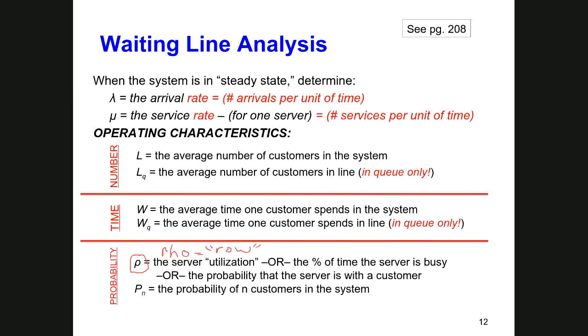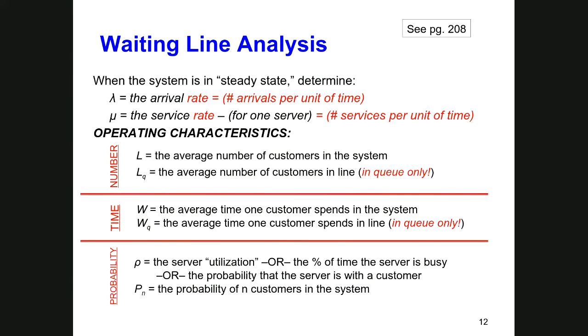And it's the server utilization, or the percent of time that the server is busy, or you could say it's also the probability that a server is with a customer. What's the chance that a server is busy? There's many different ways to say this, but it really represents the server utilization.